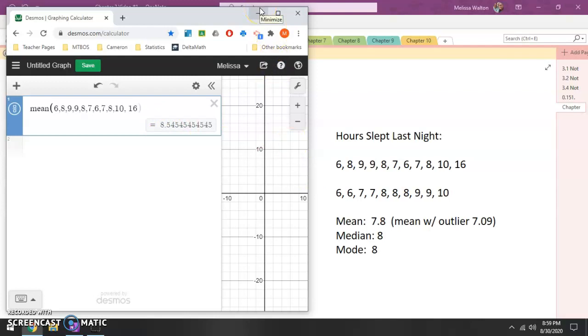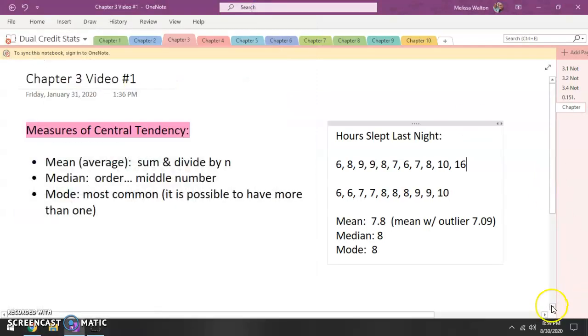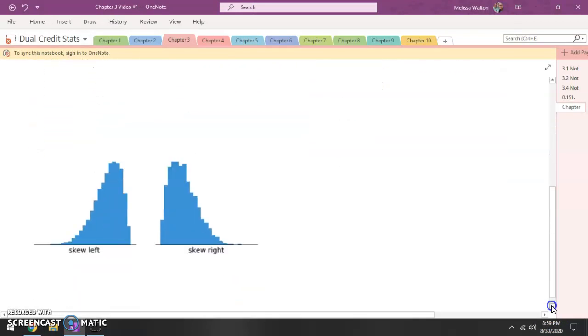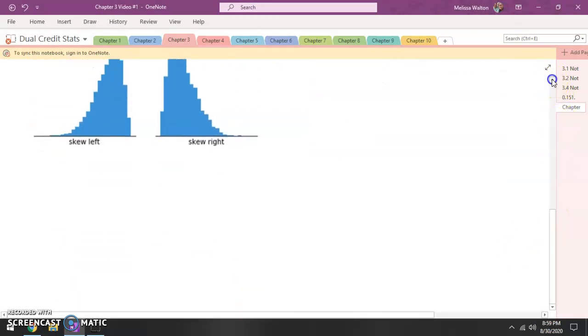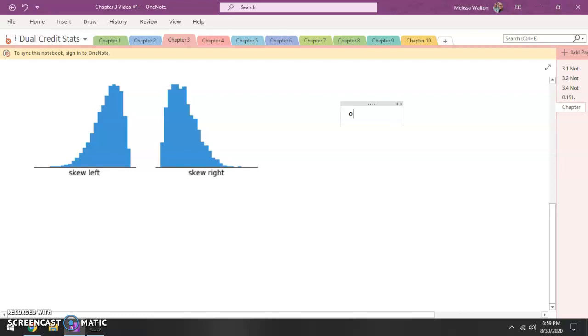So here's the deal. Outliers can drag the mean one direction or the other. So outliers affect the mean, but not the median. All right, so let's say that we have an outlier in this direction.